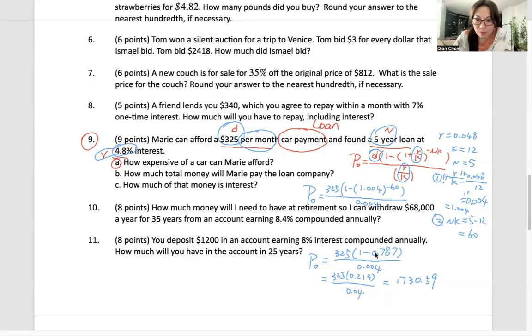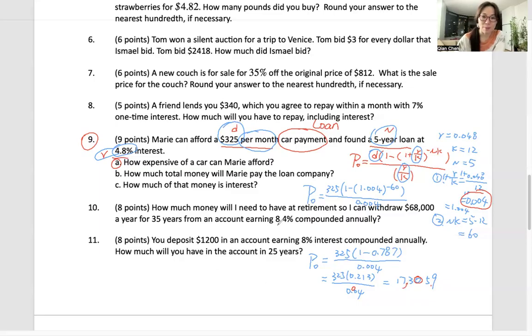Let's see. Oh, yes, I found my mistake. You see, this is 0.004. I'm missing 1 zero here. So the decimal should be here. So it's 17,305.